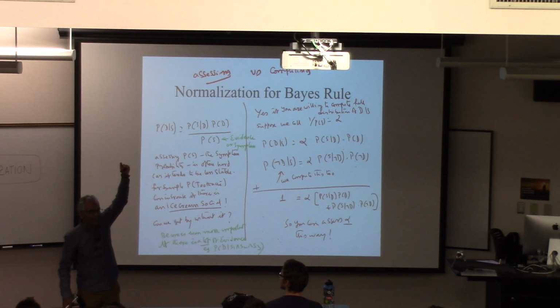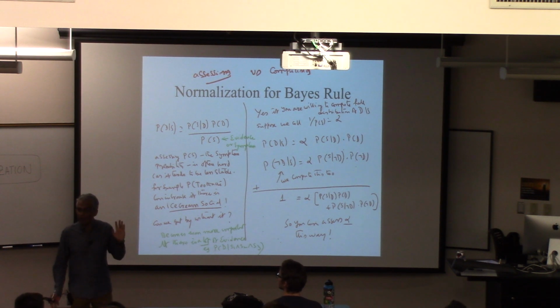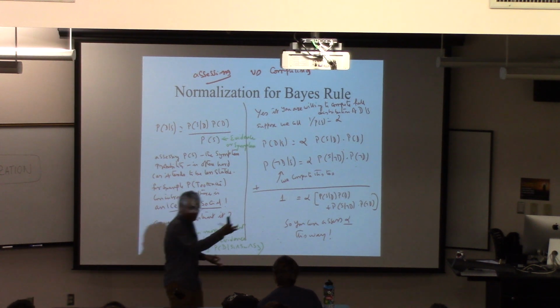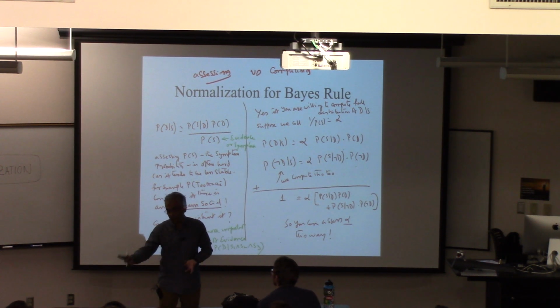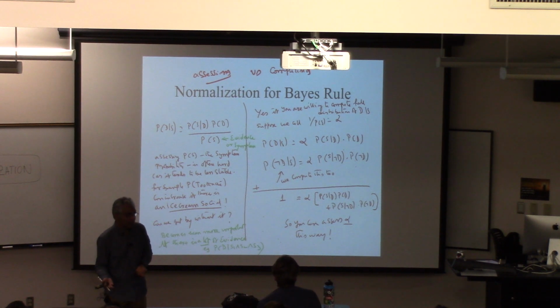What's the probability that this guy is in terminal stage given the symptoms? Terminal minus 1 stage given the symptoms. Terminal minus 2 stage given the symptoms. If you have cancers, they talk about, for example, breast cancer, stage 1 to 4. The distribution then will be the probability of stage 4 given the evidence, stage 3 given the evidence, stage 2 given the evidence, stage 1 given the evidence. If I compute all of them, those numbers have to add up to 1.